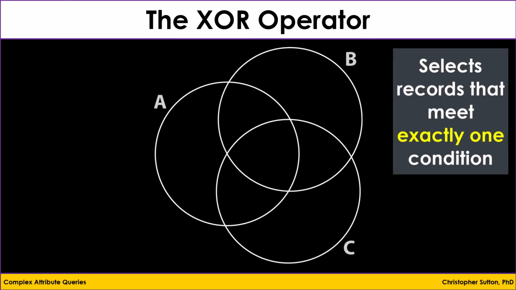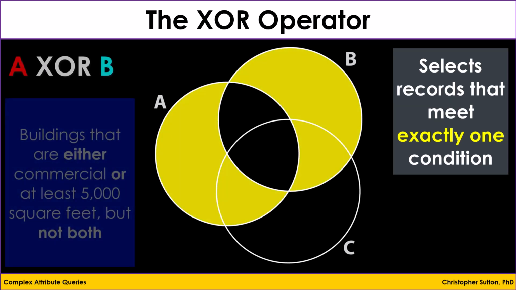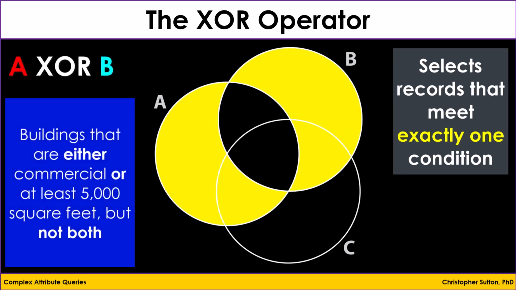XOR selects records that meet exactly one of the conditions, but not both. If we were to say we want locations that are either commercial buildings or at least 5,000 square feet, but not both, we would use A XOR B.